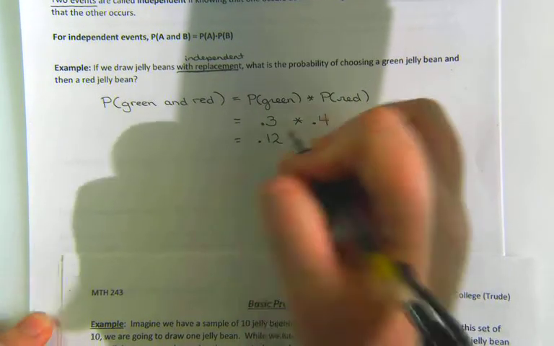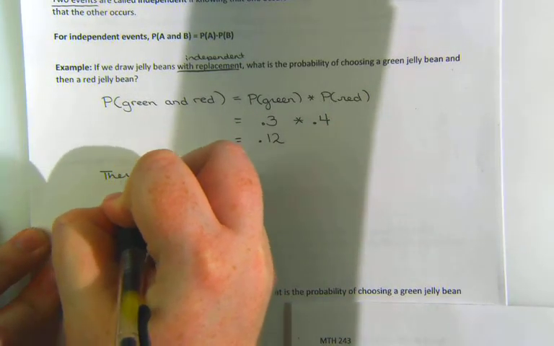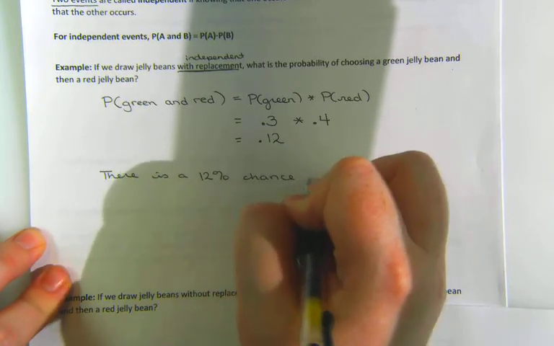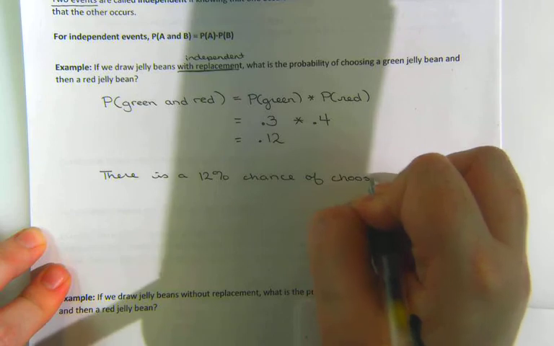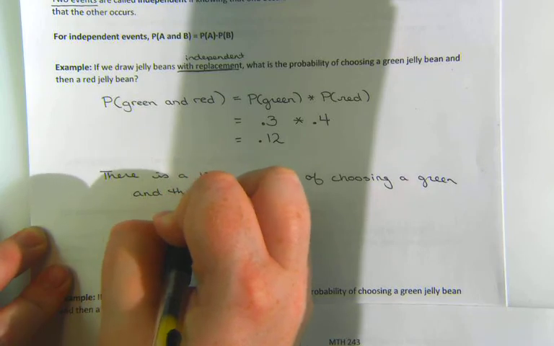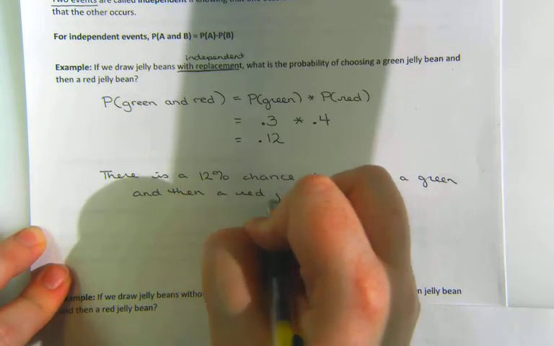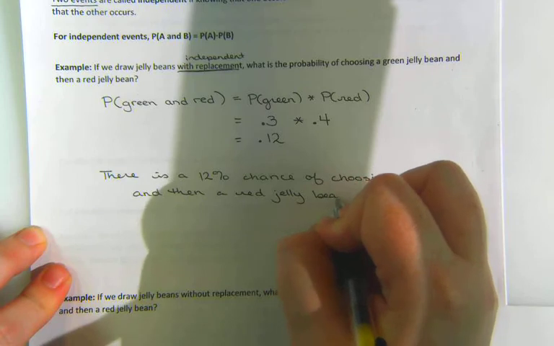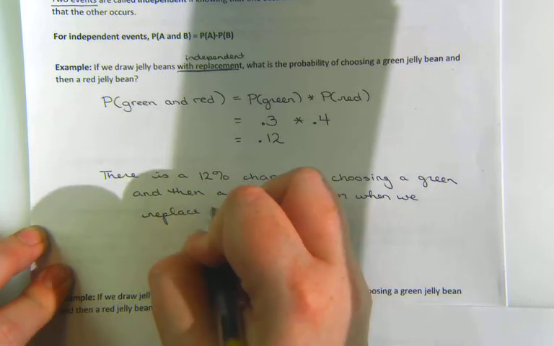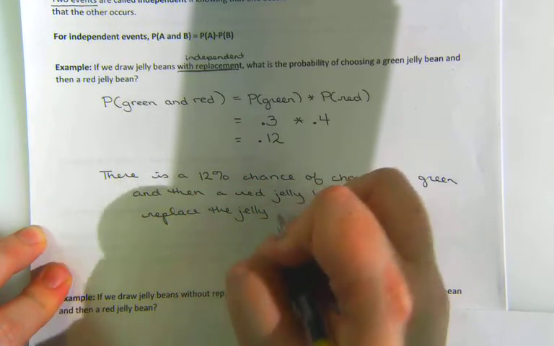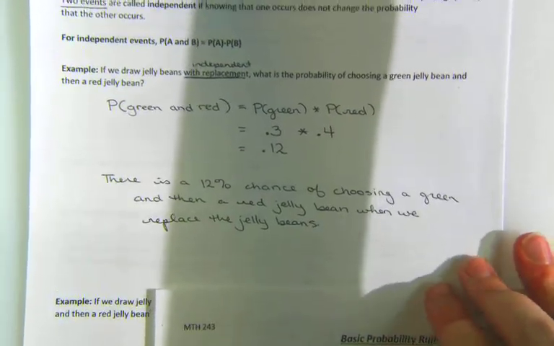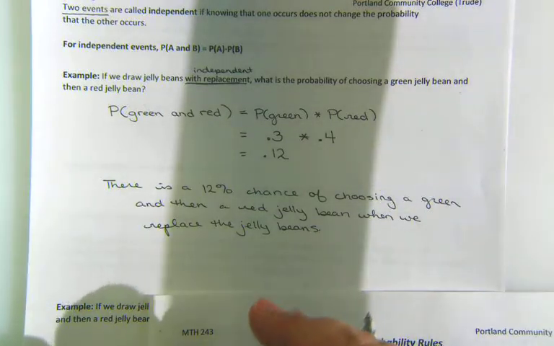So when we multiply those, we'll get out a 0.12, which means there is a 12% chance of choosing a green and then a red jelly bean when we replace the jelly beans. So, when we have independence, this is what we can do.